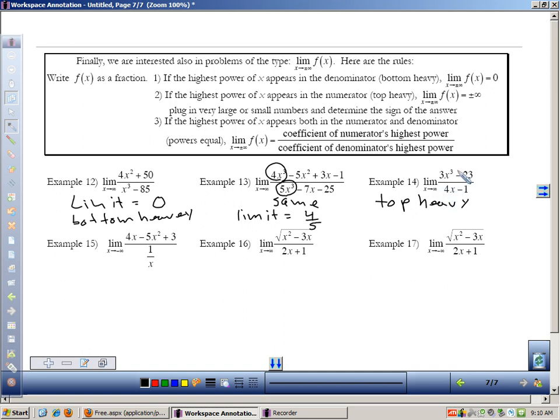If we plug in 10,000 for x, we get 30,000 minus 23 in the numerator and 40,000 minus 1 in the denominator. Both of those are positive, so we get a positive number. We're just going to plug in a really huge number for x and see if our sign is positive or negative. My sign is going to be positive for my function, so the limit is positive infinity.